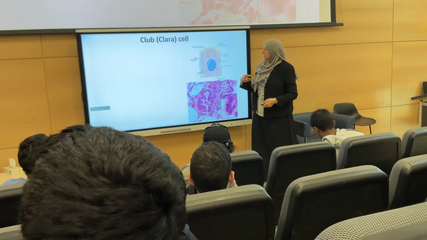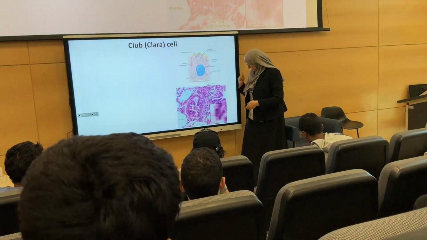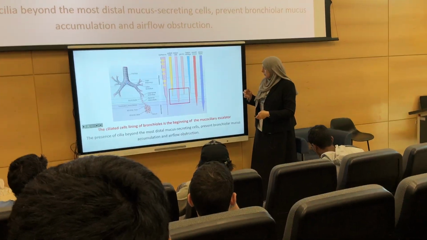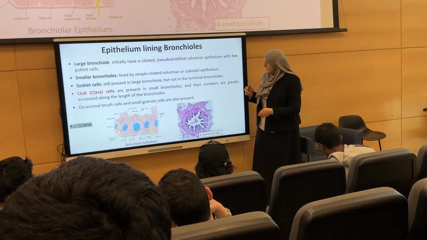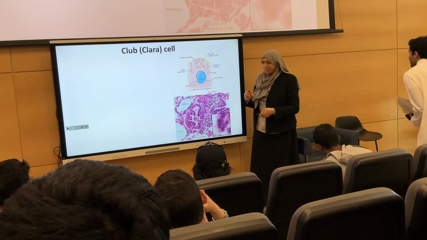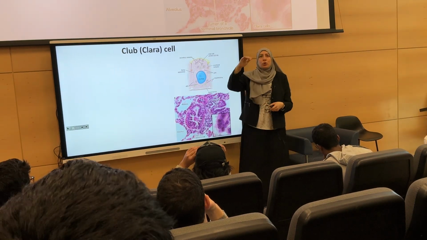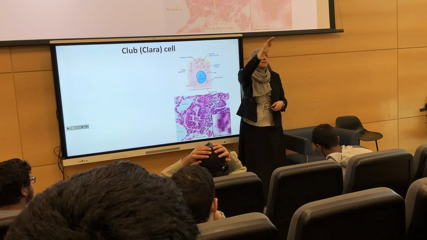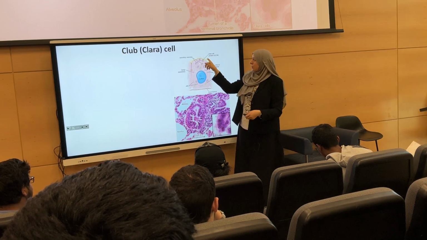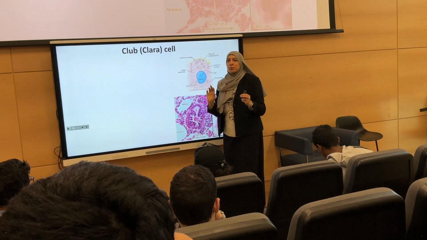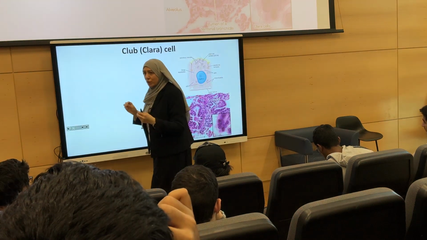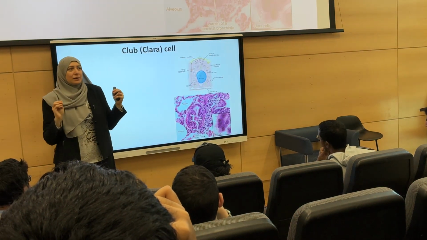Okay? How does it look like? So this cell has a dome shape, the apex, the upper part, is a little bit rounded like this. And they are producing protein. So if the cell is producing protein, which organelles should you expect in this cell?